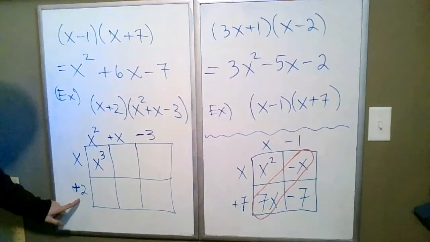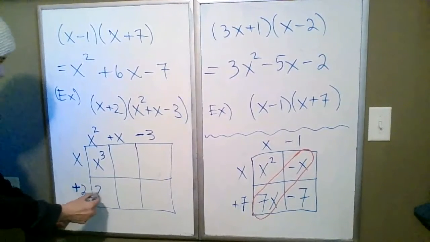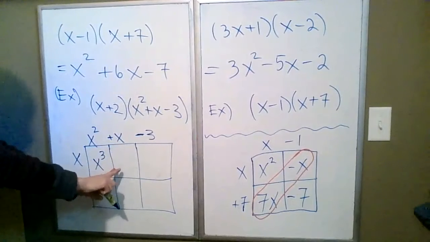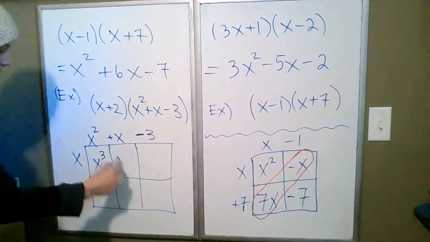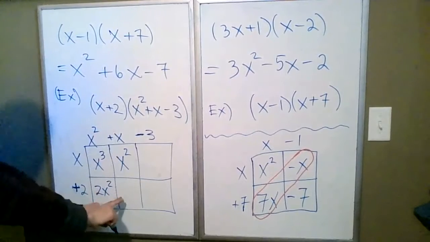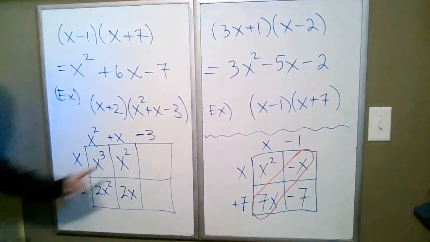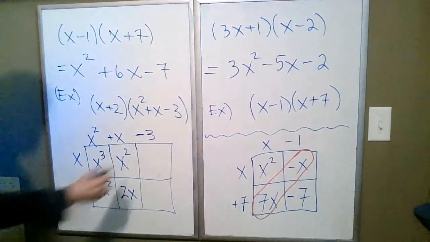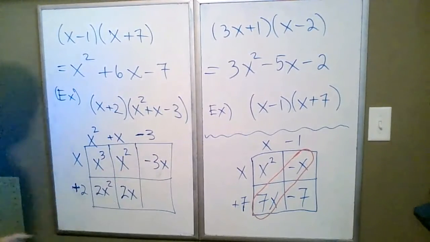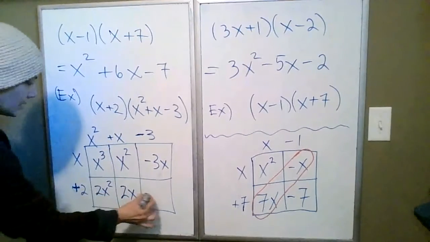Let's go here. 2 times x squared is 2x squared. X times x is x squared. And then 2 times x is 2x. X times negative 3 is negative 3x. The negative 3 times positive 2 is negative 6.